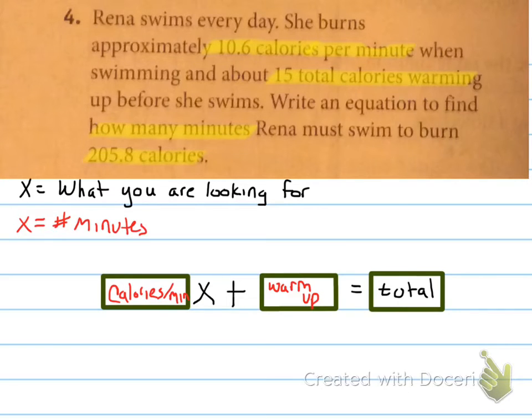So, 10.6x plus 15 equals, that's our total, all of it. That's what she's going for, right? 205.8. Alright, that's how you solve it, or write it, and then you would solve.